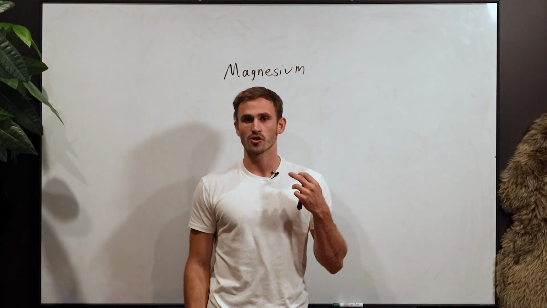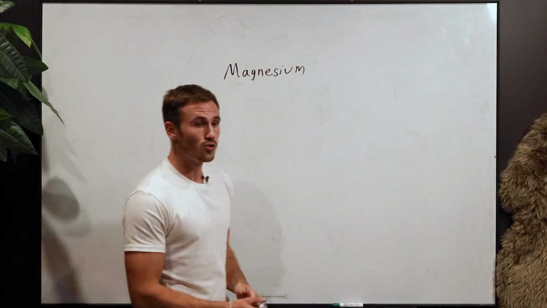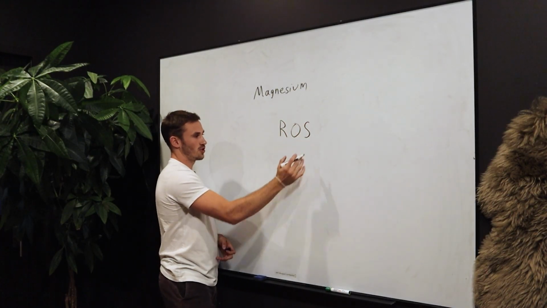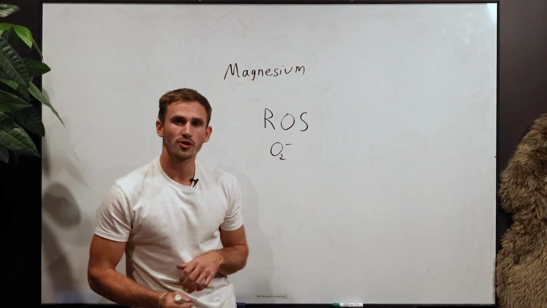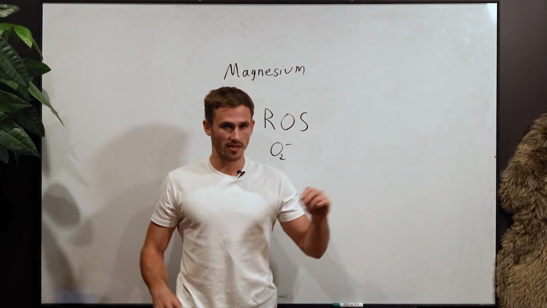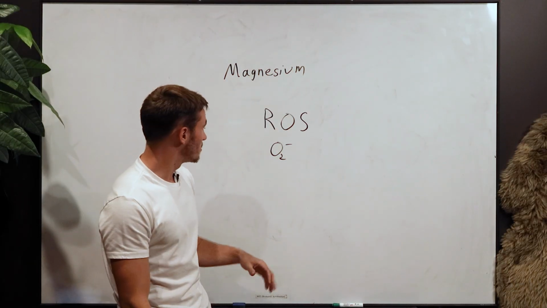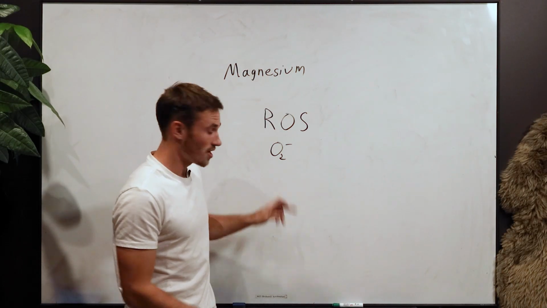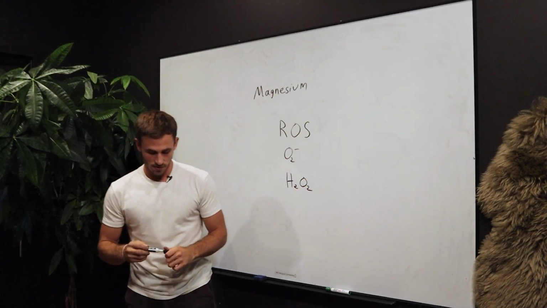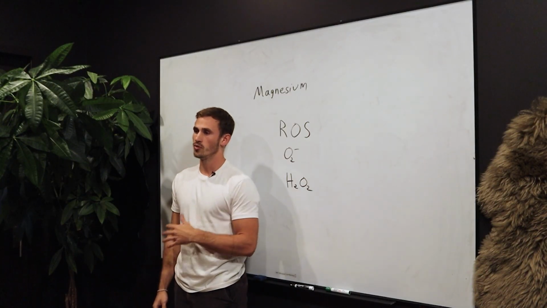And when those excited electrons escape, they react with oxygen and hydrogen, and they produce ROS, reactive oxidative species. So when those excited electrons escape from that photosynthetic pathway, they create reactive oxidative species, which includes superoxide and hydrogen peroxide. Both of these are highly reactive and cause oxidative damage to the leaves.